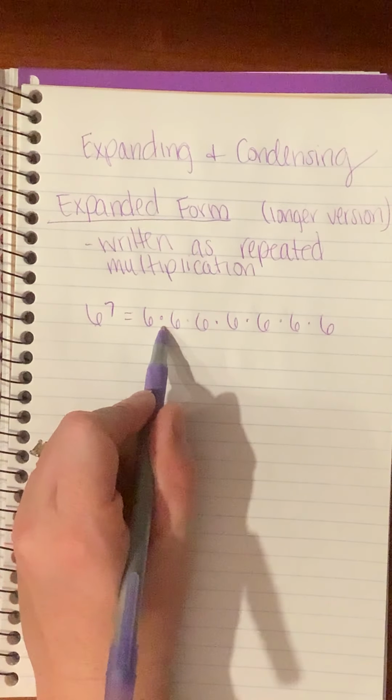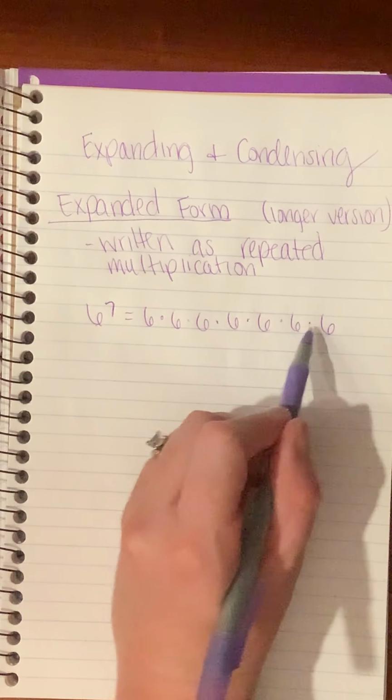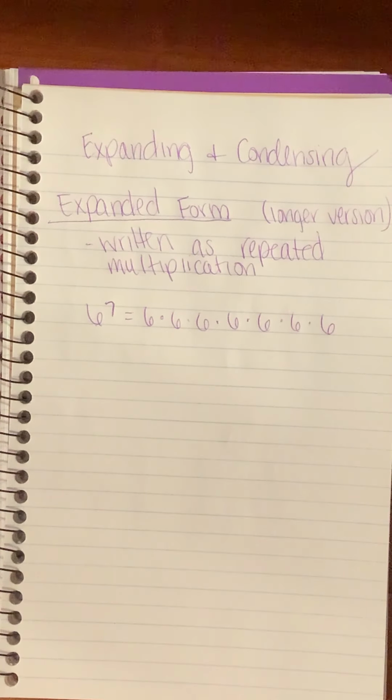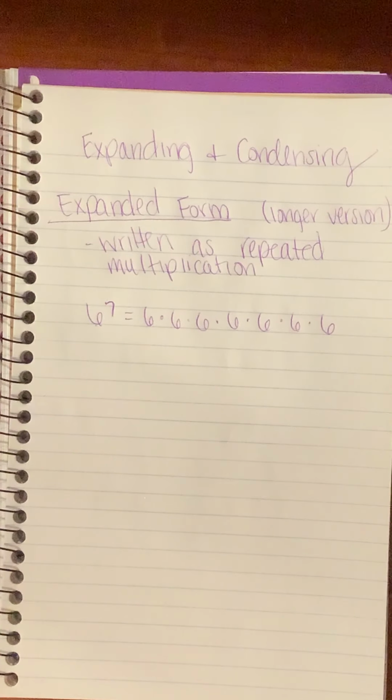I have my multiplication symbol, and I've written 6 1, 2, 3, 4, 5, 6, 7 times. Another thing to note in my work, I've written multiplication as a small dot. We would like you to do the same, just to make sure you do not confuse your multiplication symbols with variables, especially when we start looking at x's.